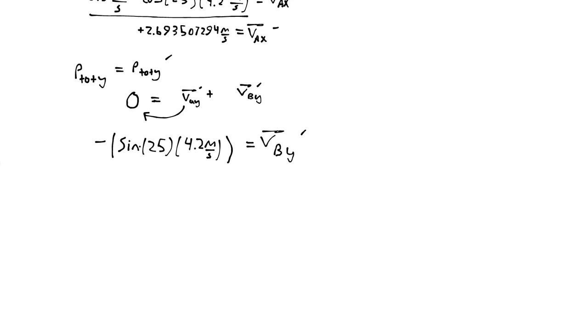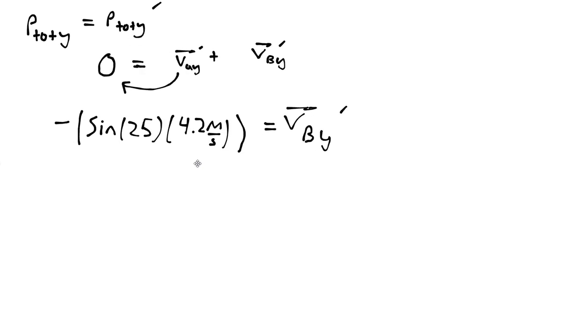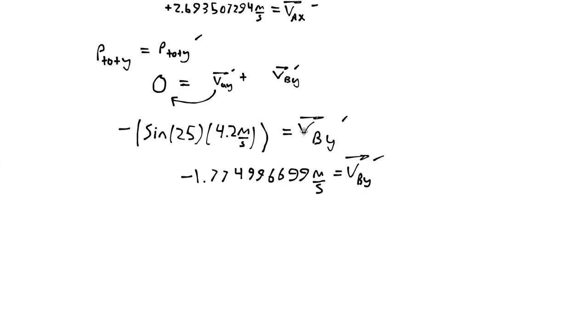And then basically to solve the rest of this, you just do sine 25 times 4.2, put it in your calculator, and you'll get negative 1.7747996699. And that's meters a second. So again, we're going to keep all those decimal points to make it easier later on.